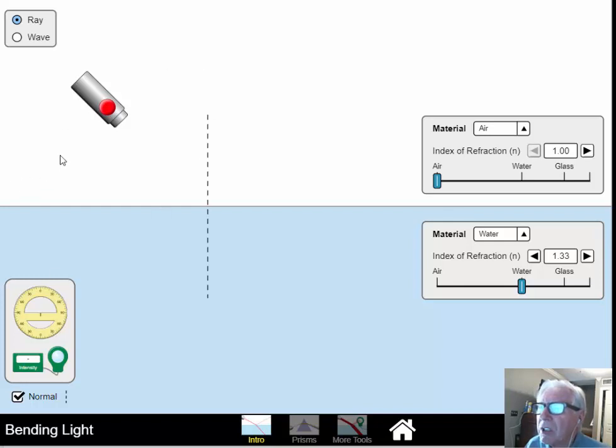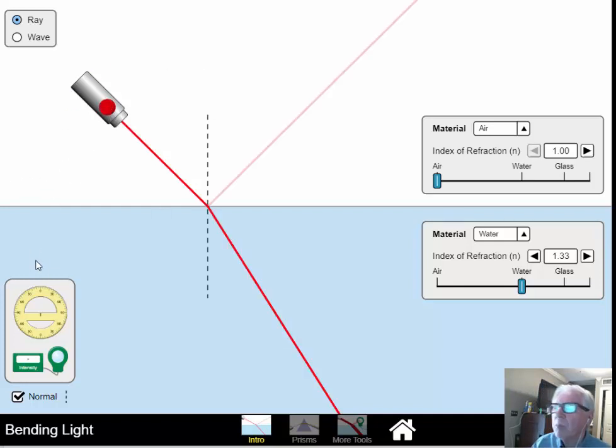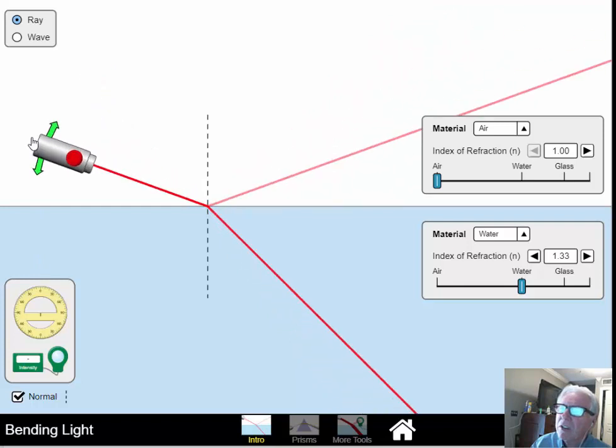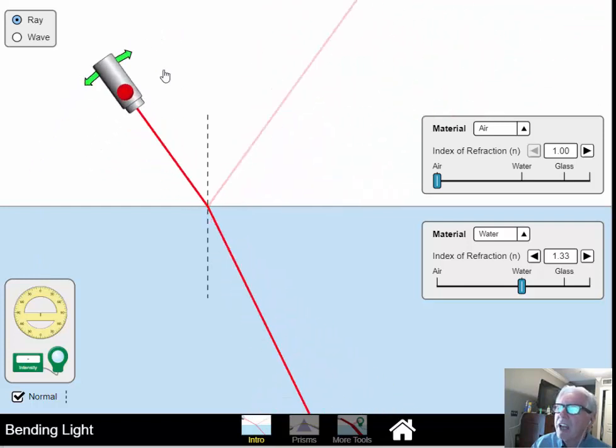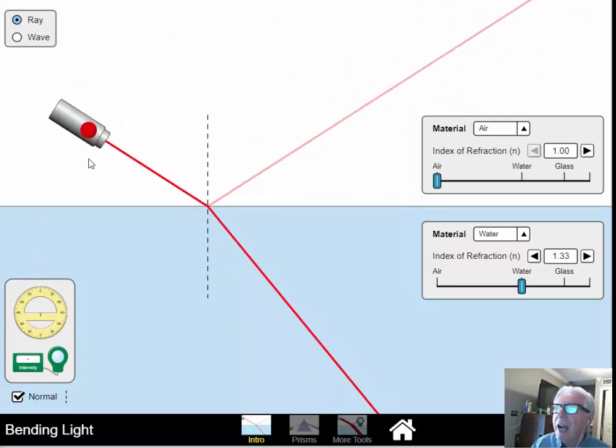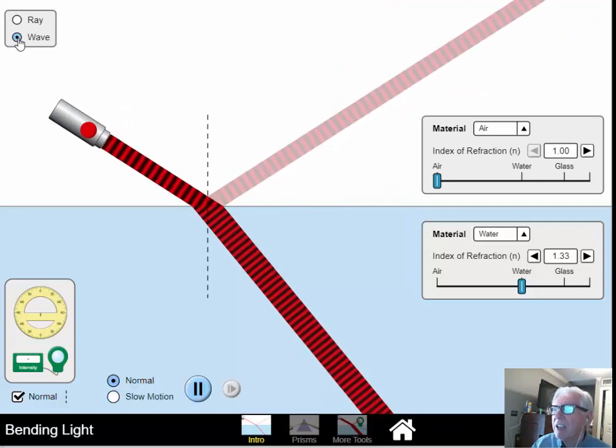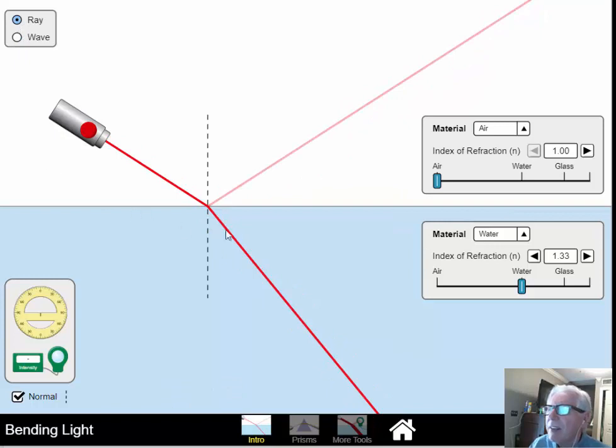We have a light source. This light kicks out a beam of light, and it's got rotation effects. I can see it as a wave, which is interesting, but I can see it as a ray. And I have two mediums. I have above, the first medium, which in this case at the moment is set to air.